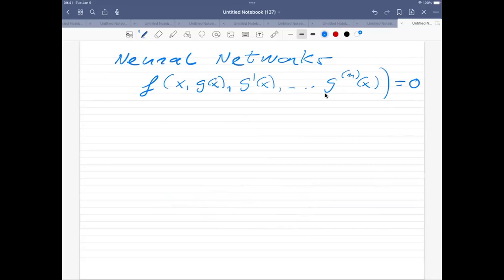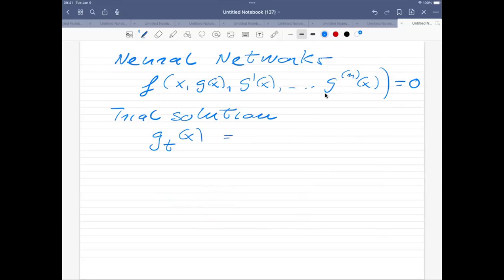Now, when we plug in a neural network, we need to make an ansatz for the problem. So we have a trial solution, and this trial solution is given by g of t as a function of x. We are now still looking at one-dimensional problems.